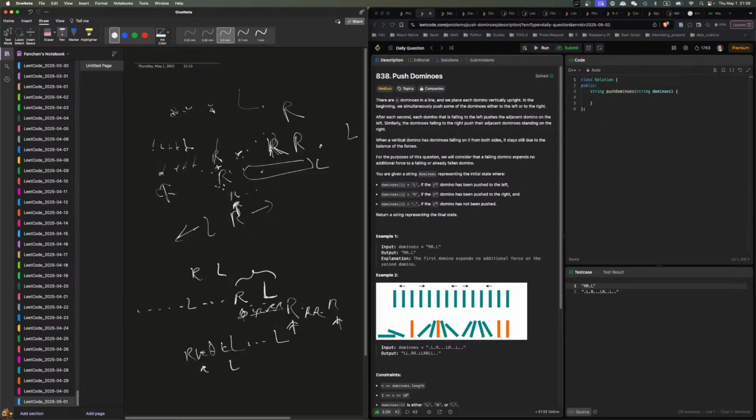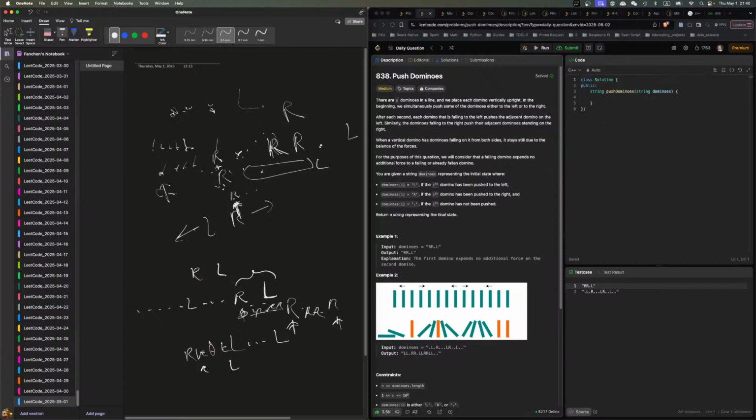So it's pointing to. If it's pointing to an R, that's when we care, right? So we basically can point to 3 different things: we can point to a dot, we can point to a left, or we can point to a right.